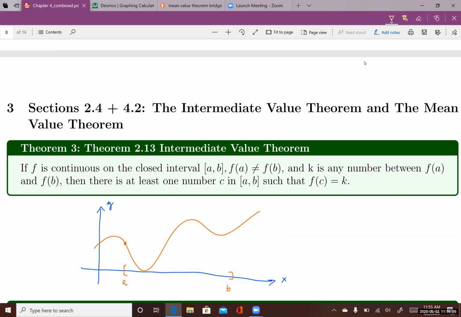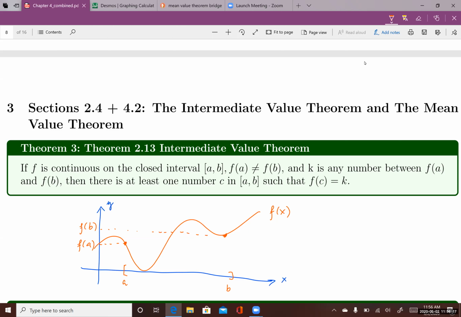So we consider this function f of x on the closed interval from a to b. If f of a is different than f of b, as clearly this is f of a and this is f of b.